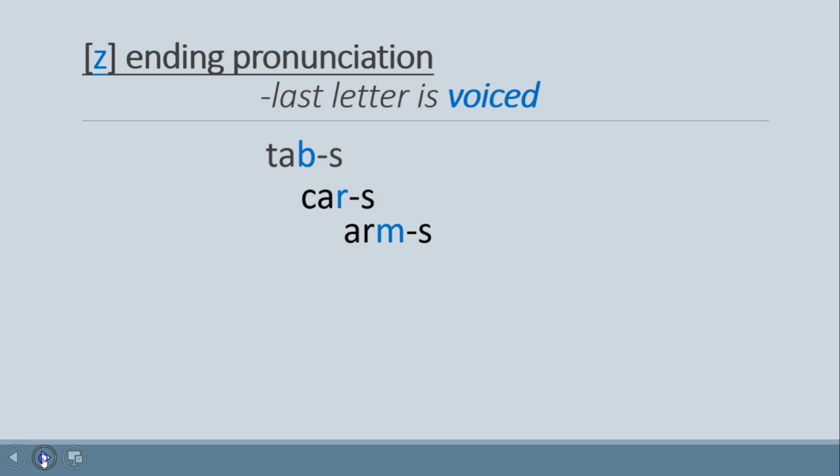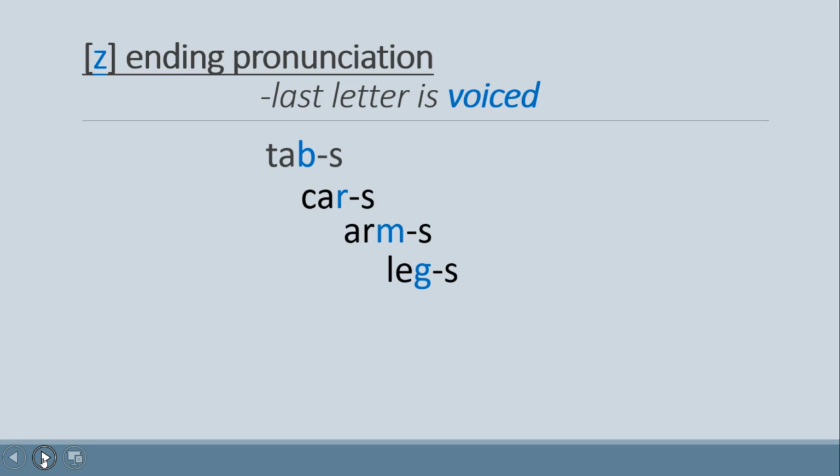Arm. M is also a voiced letter, so by adding s, we're changing s into a z pronunciation. Arms, arms. And lastly, we have leg. Just like in our introductory example, if the word finishes with g, and g is voiced in English, this final s will change into a z in pronunciation.